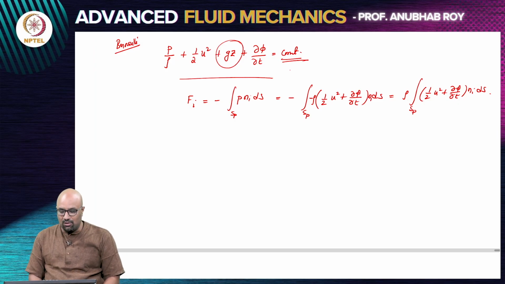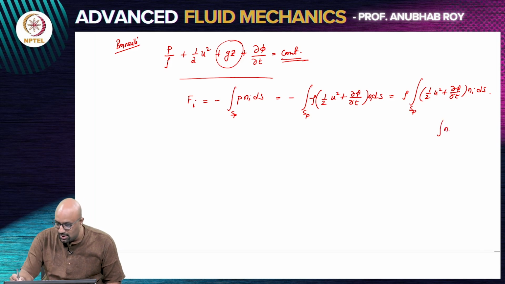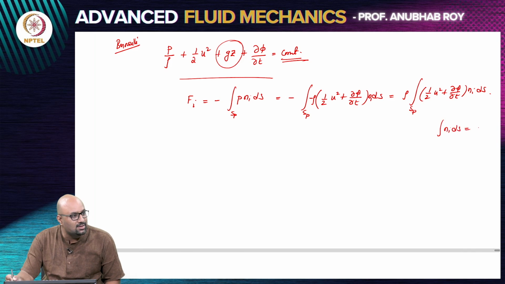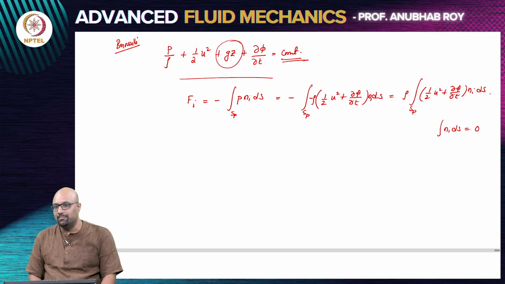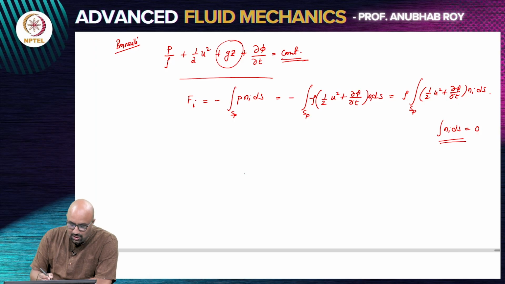And you also know this now from tensors that if p was a constant, the integral of n_i dS is the isotropic tensor of order 1, which is 0. This is something which you have also learned when you did tensors, right? That this should be isotropic and then you get it to be 0. Otherwise, if you are doing it here as a force, the pressure basically being a constant value, you will not have any contribution. Okay. Good.